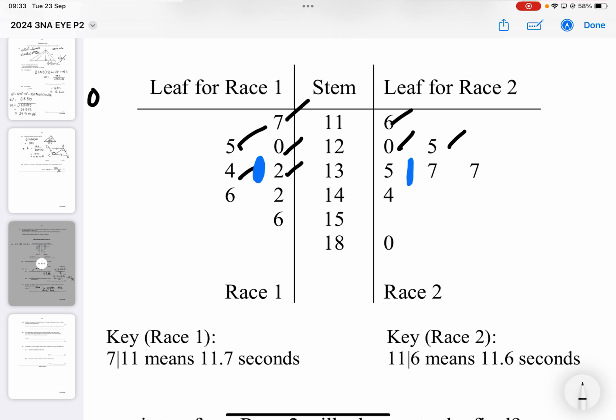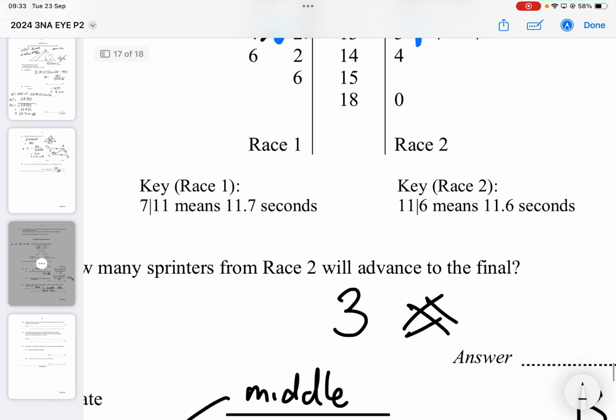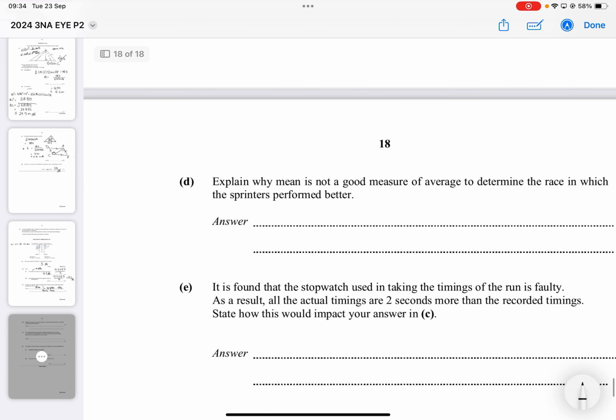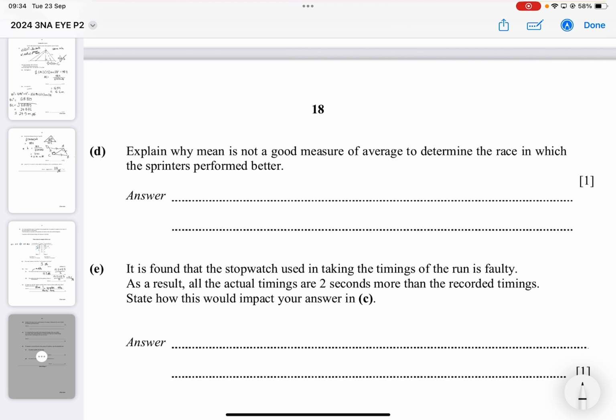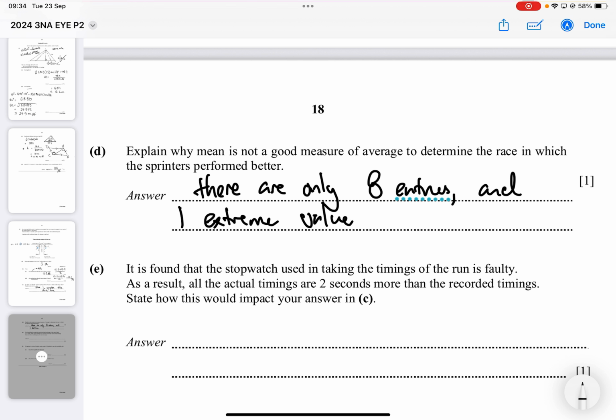So generally, when you have fewer entries and you have an extreme value, it is not suitable to use mean. Okay? So there are only 8 entries and one extreme value will change the mean by a lot.